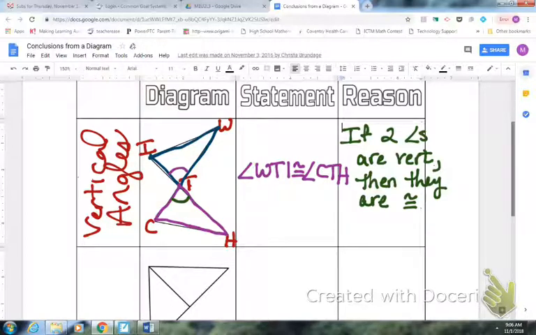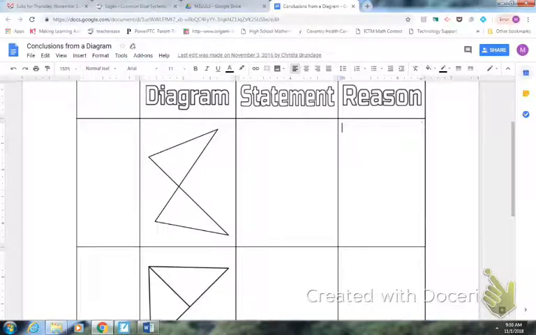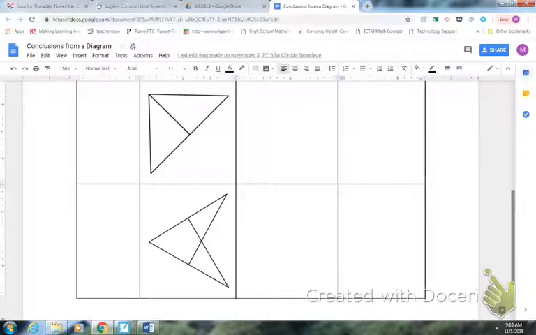I'm going to scroll down here so we can see the second one. There we go. We've got the second and the third one on the same screen here, and that's fine. The second picture is one where the 2 triangles butt up against each other. So we're going to call this particular picture the shared side.